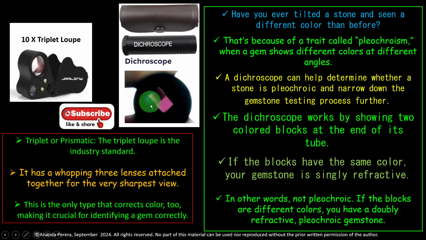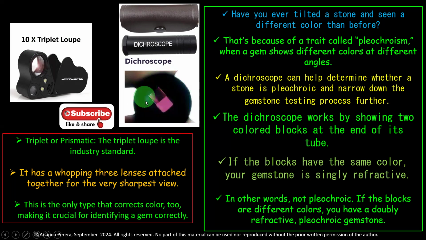When we rotate this dichroscope or the stone, the 2 colors move. One color moves to one square, and the next color goes to the other square. So if we can see 2 colors or 2 shades of color, the stone is double refractive, a DR stone, not single refractive.